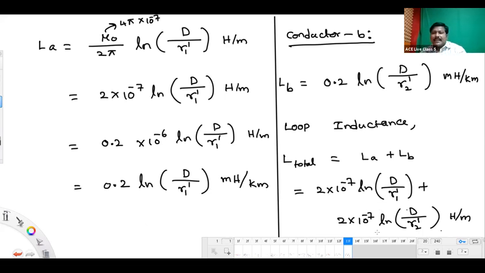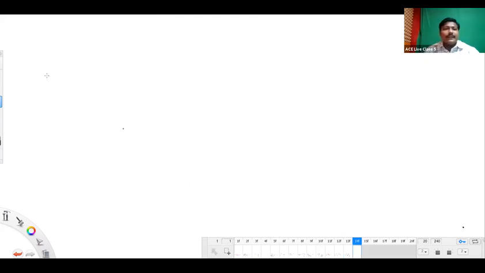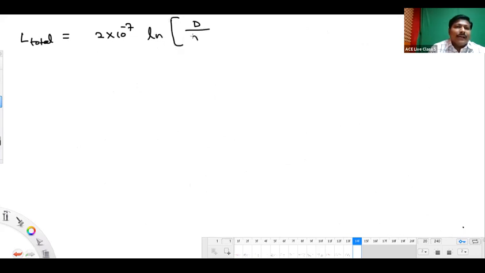So ln of A plus ln of B like that you get. So let's write L total: 2 into 10 power minus 7 is common. We have ln of d by r1 dash into d by r2 dash. So it is d square by r1 dash into r2 dash, you can say.